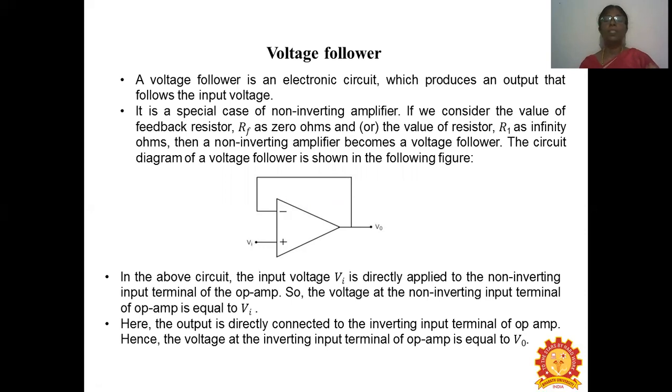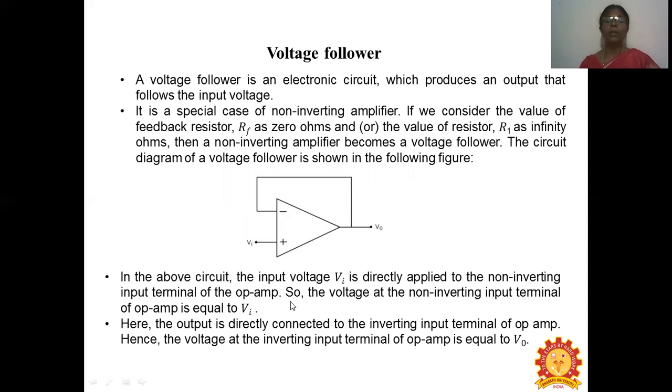It is a special case of the non-inverting amplifier. If we consider the value of the feedback resistor Rf as 0 ohms and the value of resistor R1 as infinity, then the non-inverting amplifier becomes a voltage follower. At that condition, the circuit acts like a voltage follower.